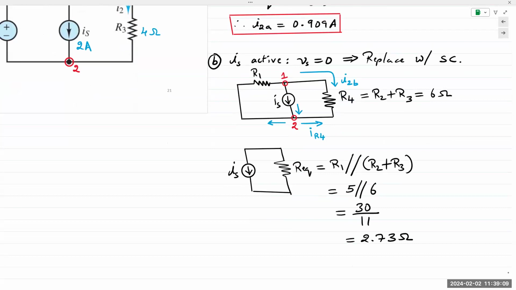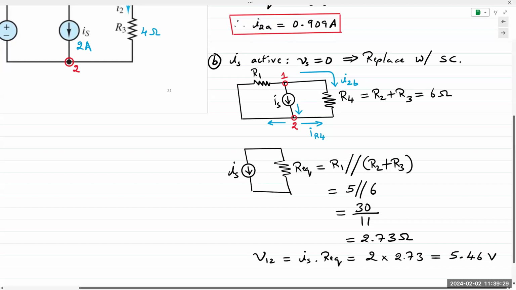So find voltage V12 is simply IS times REQ. That gives me 5.46 volts.